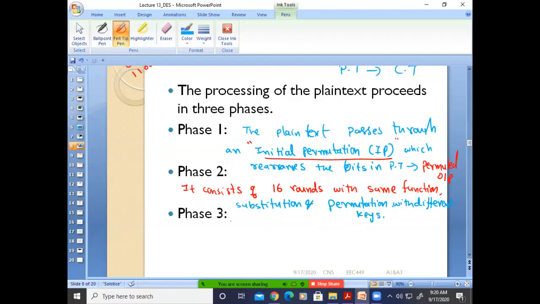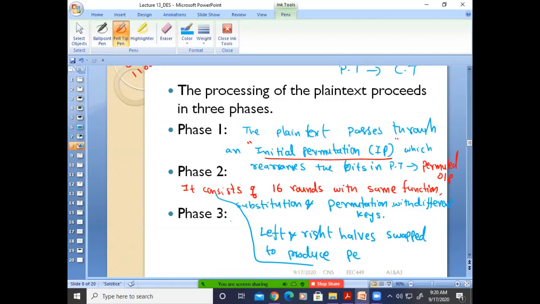Once the 16 rounds are over, see carefully, there will be left and right halves, correct? These will be swapped to produce the pre-output. So in the second phase there are 16 rounds with the same functionality, substitutions and permutations, with different keys.